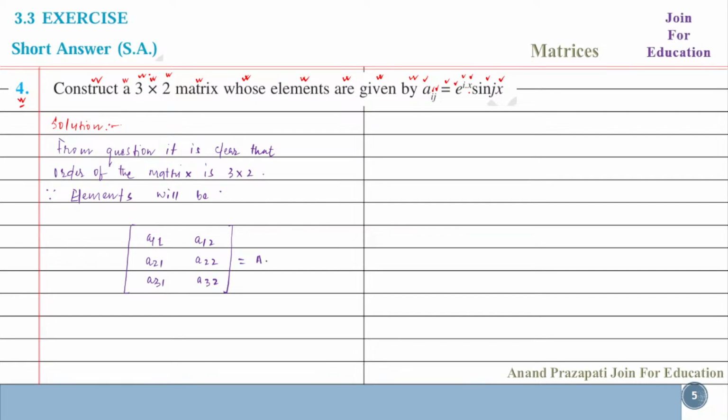Now we find out A11 when Aij is given, which is e to the power ix into sin jx, equal to e to the power x into sin x. Of that there is no problem to understand up to this step.